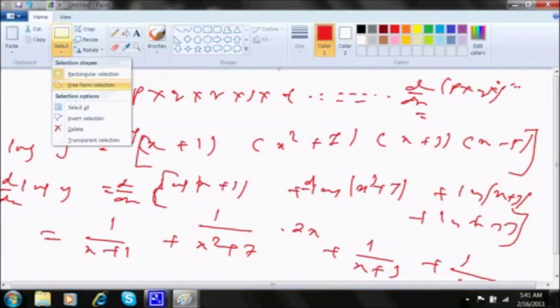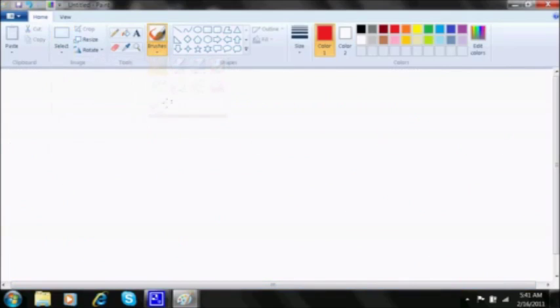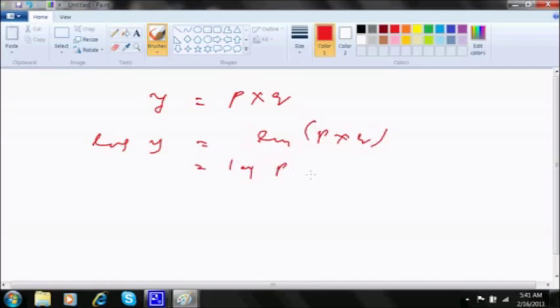So I believe now you can make out that if you do not know the formula of p into q, then also you are safe, because if I take a log on both sides, log of y is log of p into q, which is log of p plus log of q.